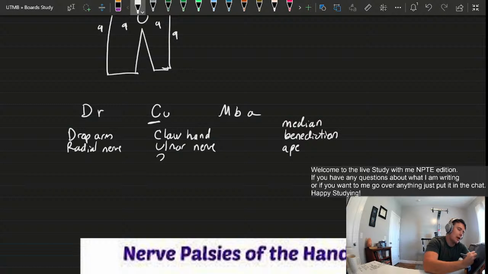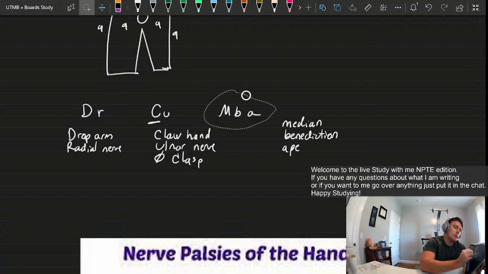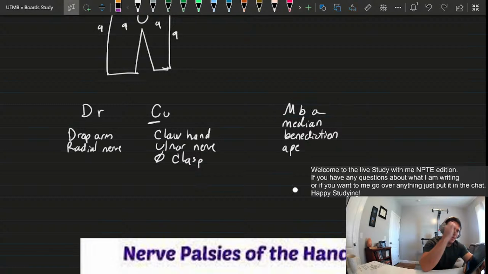Okay, so you cannot clasp. Versus the benediction or the ape hand, you cannot extend. Right? No, is that backwards? That's backwards. So ape hand, you can't make a fist.